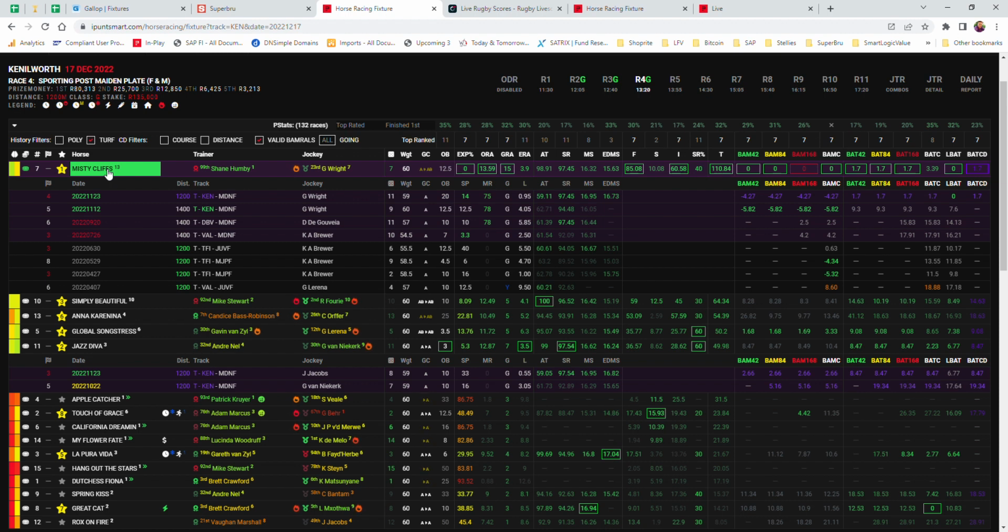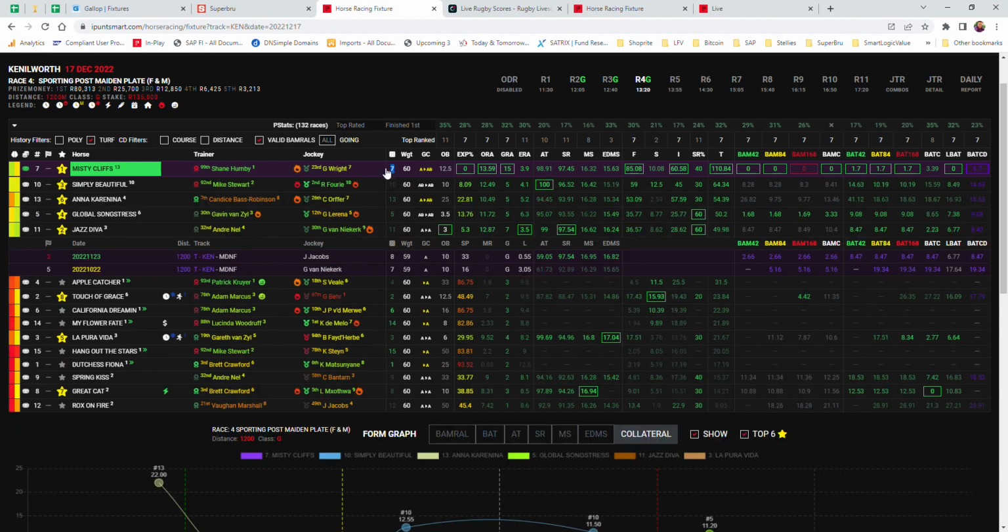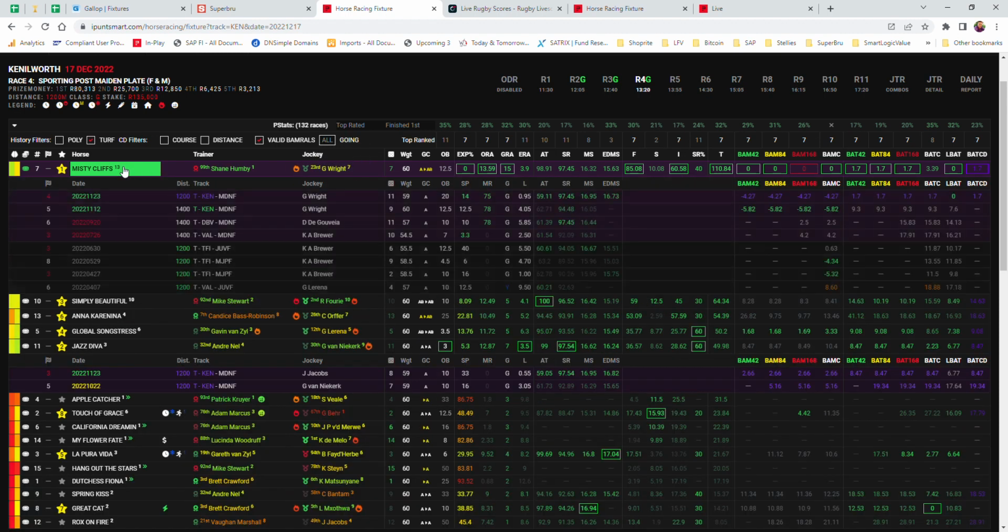However, given the fact that Jazz Diva was an 8 draw, you can see there, and now an 11 draw, which is worse. That's why it's so dark. And Mystic Cliffs was an 11 draw and has now gone down to a 7 draw. That should help Mystic Cliffs. They were only 0.4 lengths behind each other on your collateral form, 0.55 and 0.95 here.